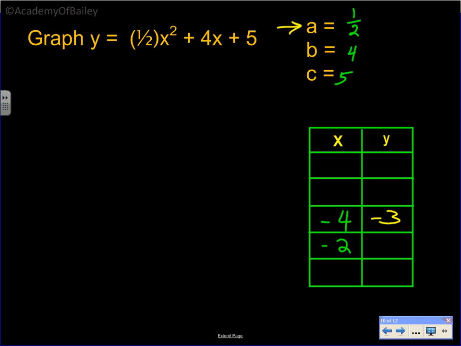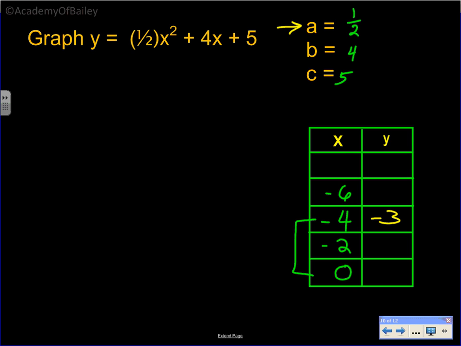And remember, if we went up 2 from the vertex to get to negative 2, we have to go down 2 from the vertex. So to go down 2 from the vertex, negative 4 minus 2 will give you a negative 6. And then this brings us to 0. 0 is a good number to work with.